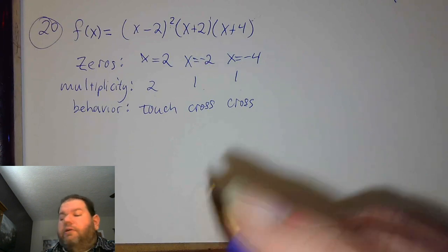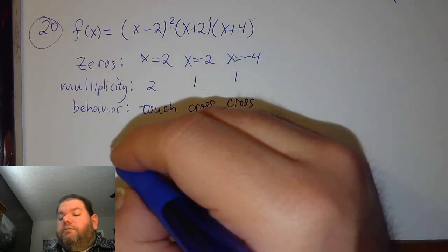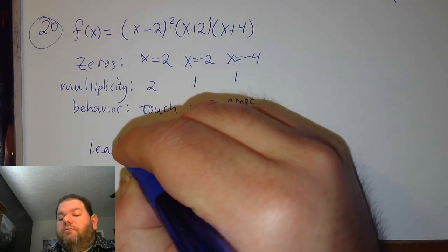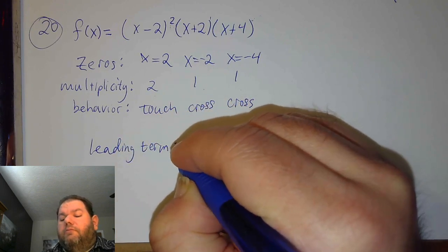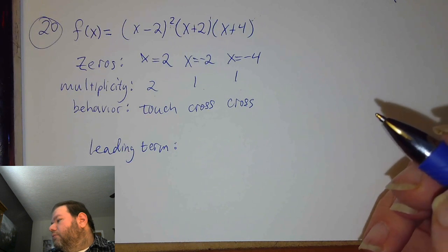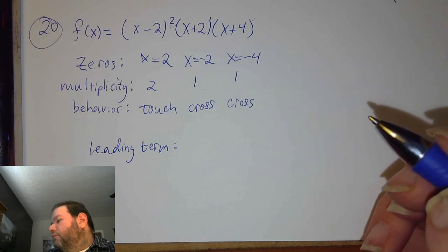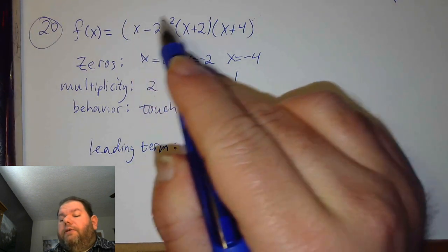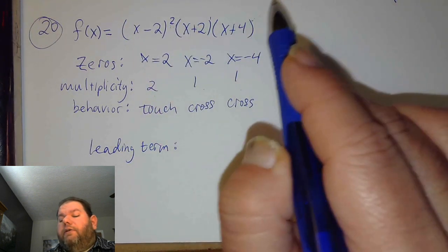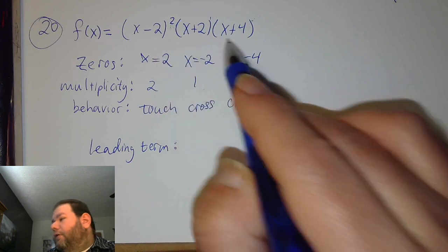Okay, and our leading term. We have x squared, x, and x multiplied together.